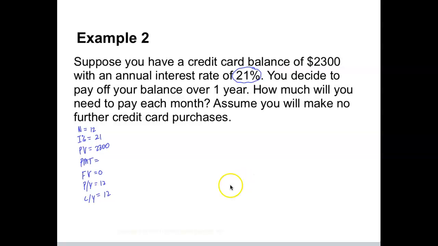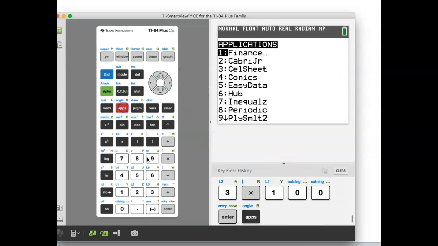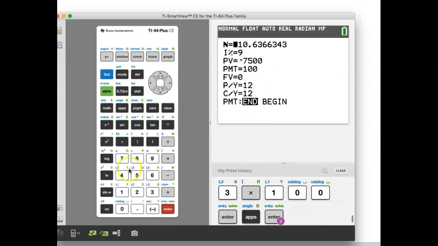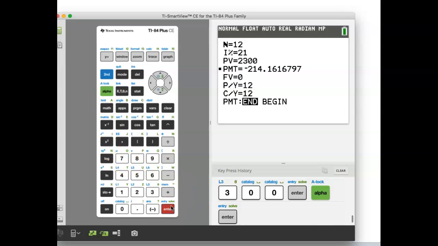All right, so let's go in and solve for that. So 12, since we're paying this off in a year. I'll do alpha solve. All right, so I need to make payments of $214.16. Oh, whoops, I just realized I wasn't sharing that with you.